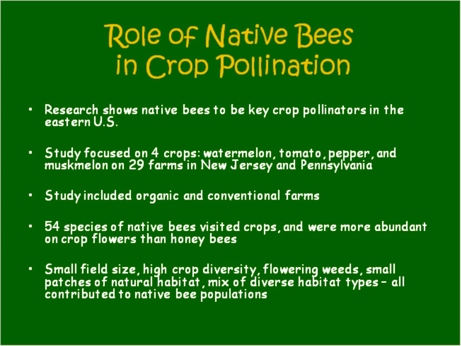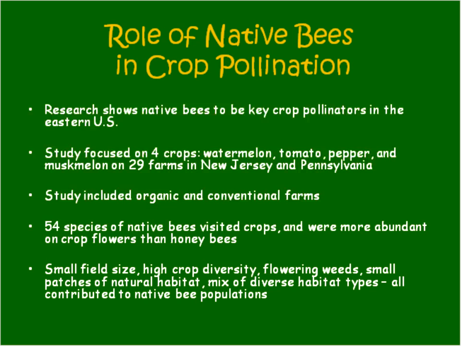This study is focused on 4 different crops: watermelon, tomato, pepper, and muskmelon, on about 30 farms. That included both organic and conventional farms, and they found that over 54 species of native bees visited the crops and were actually more abundant than the honeybees. And that the research showed that they were quite adequate for full pollination of these crops.